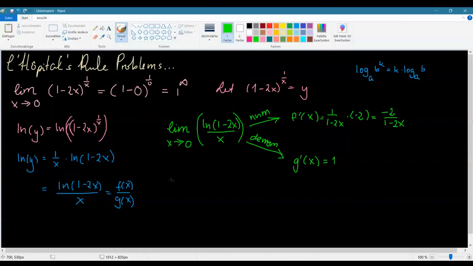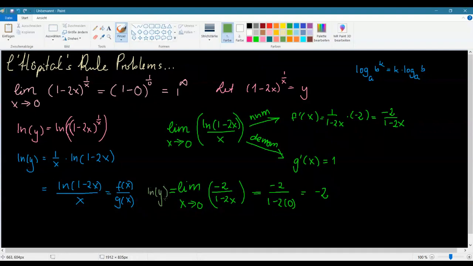So we're actually going to end up with the limit as x approaches 0 of negative 2 over (1 minus 2x). And then if we substitute 0 now, we end up with negative 2 over (1 minus 2 times 0), which is just negative 2. But that is not our final solution, and the reason is that we still have ln of y on this other side, right?